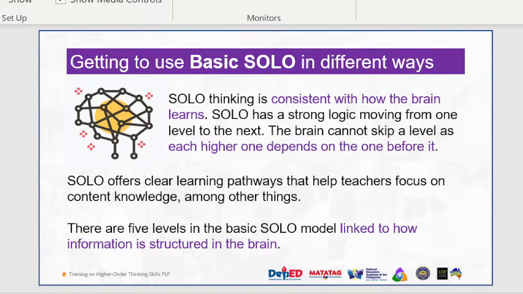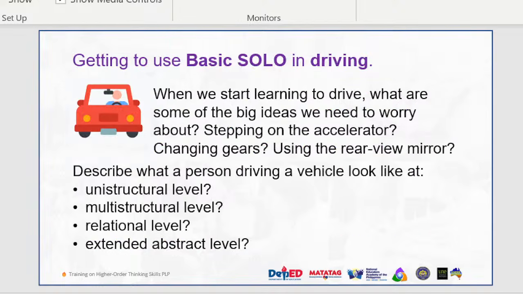SOLO offers clear learning pathways that help teachers focus on content knowledge among other things. There are 5 levels to the basic SOLO model linked to how information is structured in the brain.